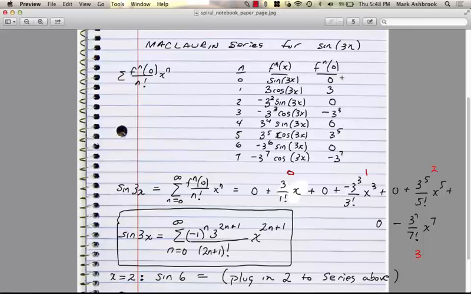Why don't you find the Taylor series for the natural log of x, the function ln of x, but centered at a equals 2.